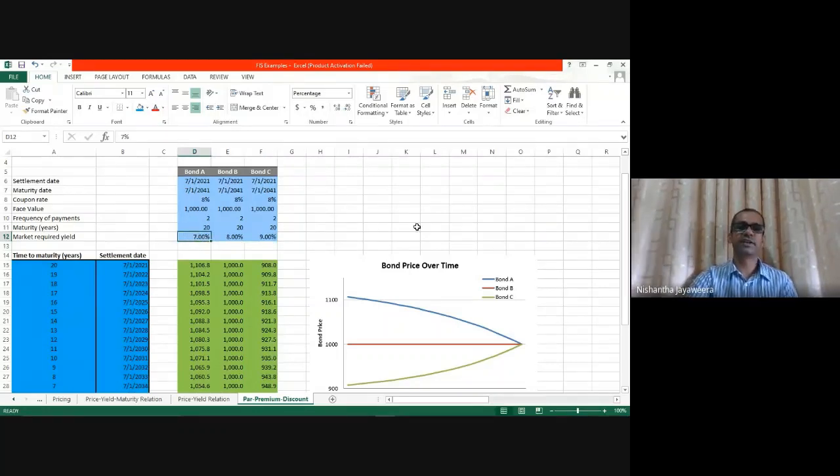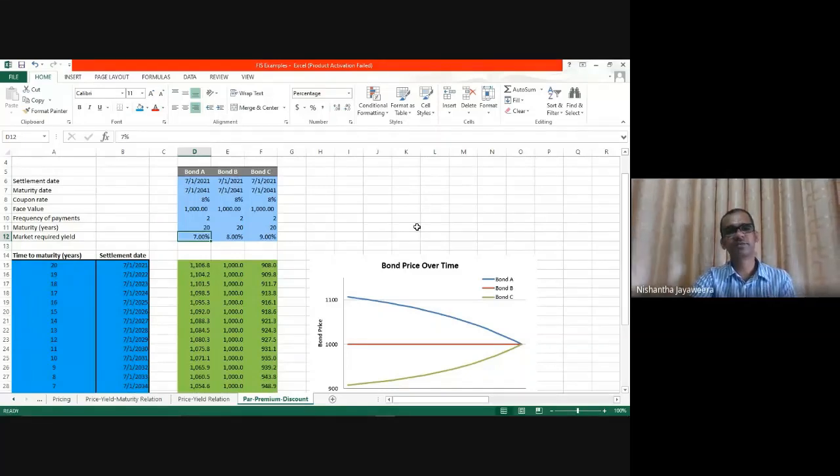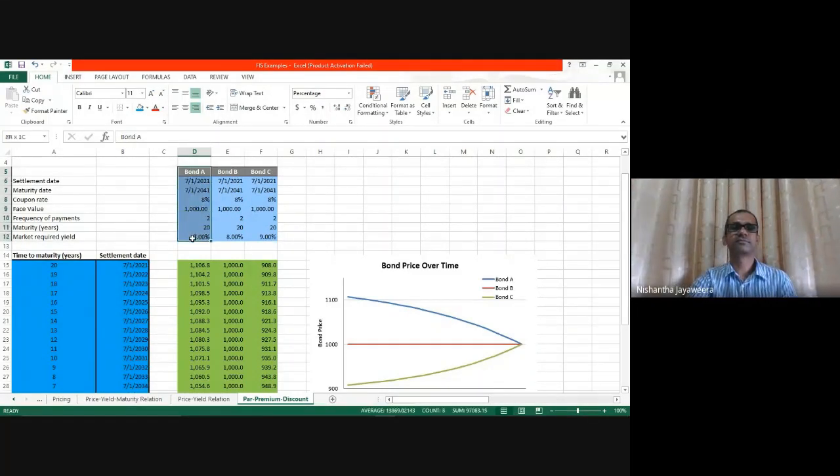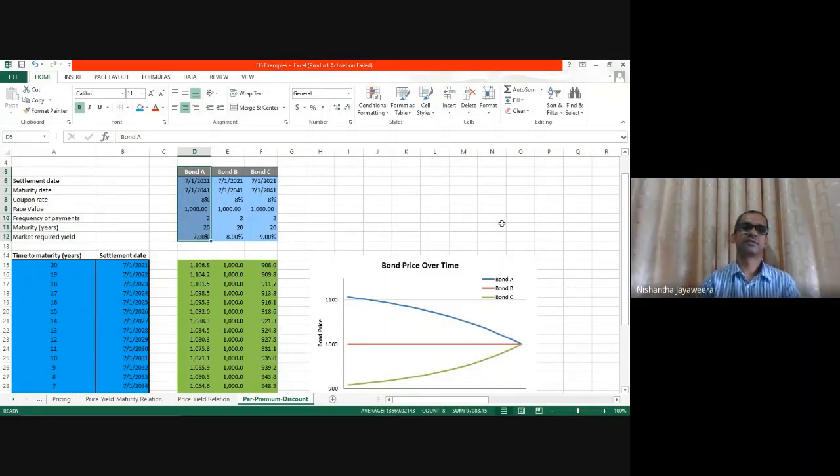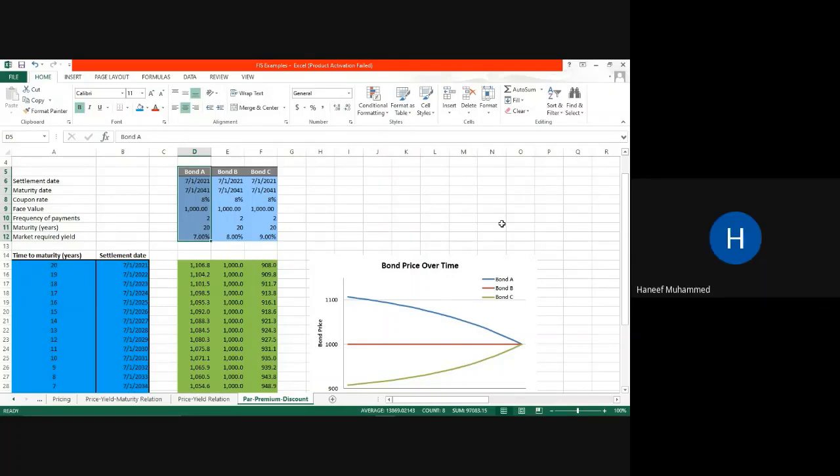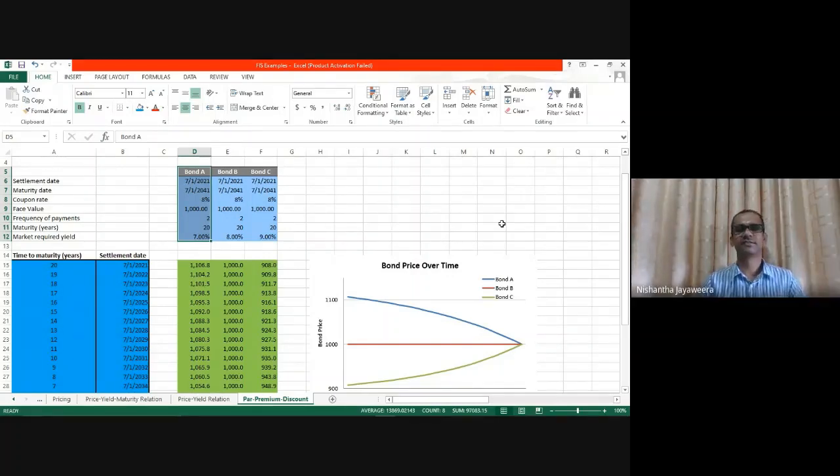This bond will be traded at par, premium or discount. Bond A. Discount. Excellent. Why is it at a discount? The yield is lesser than the coupon.